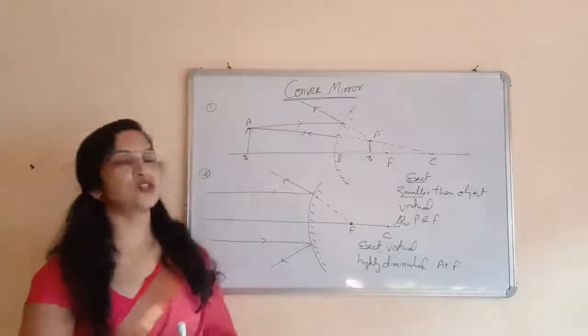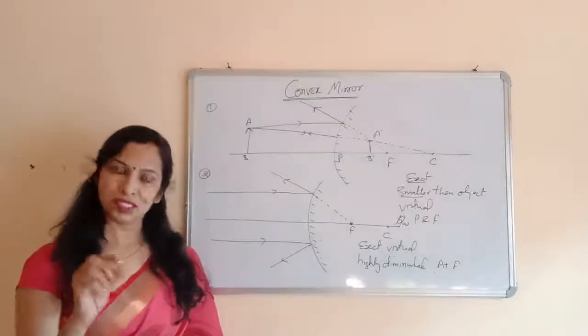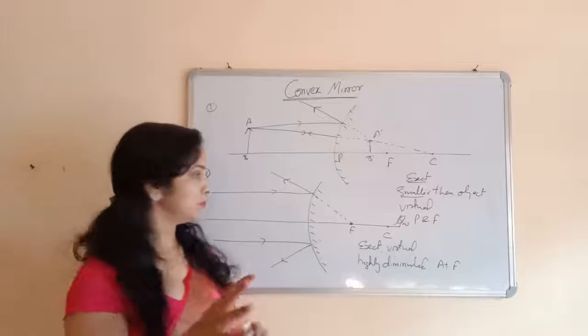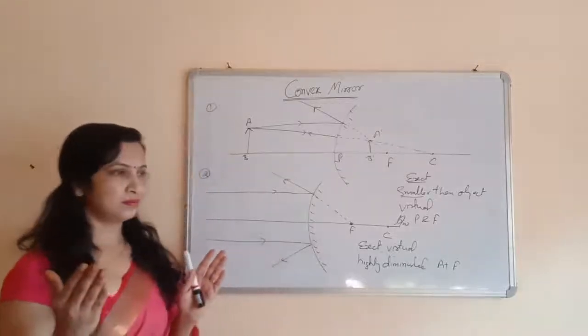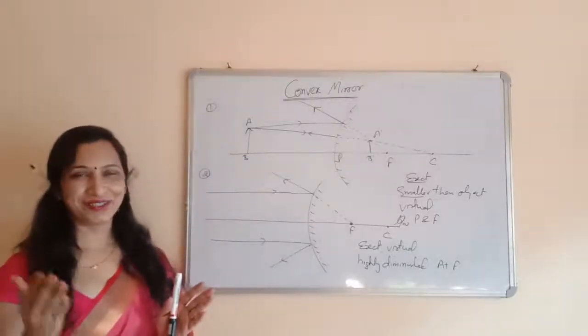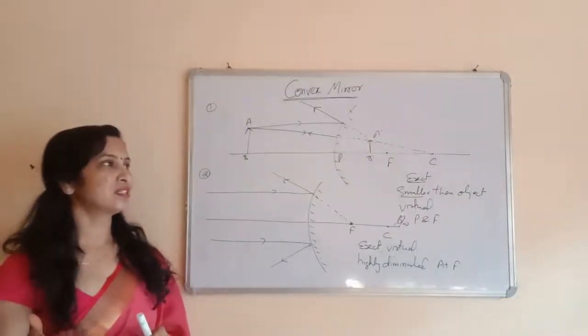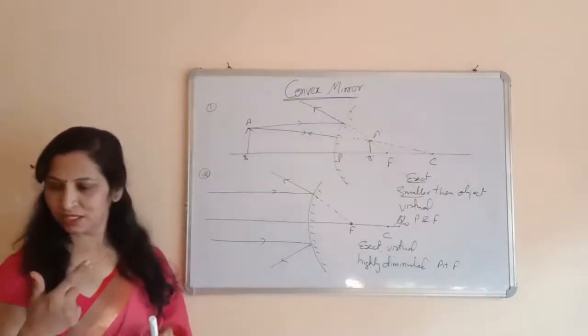In case of the convex mirror, it always forms a smaller image. This is the way you can identify the three mirrors. And the next part is the sign convention of the concave mirror.